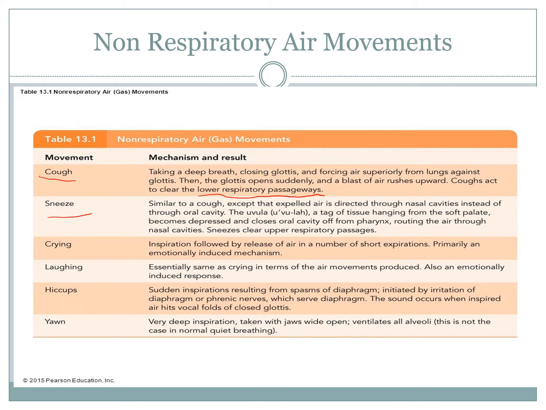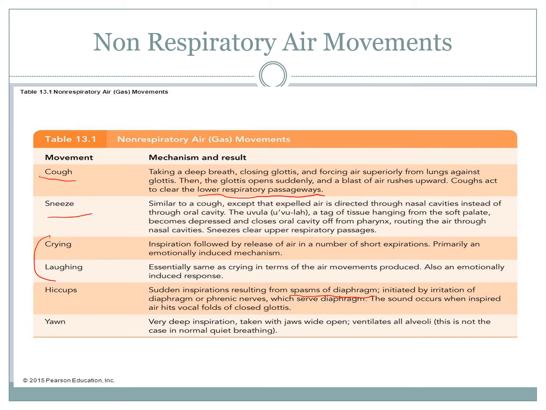Now, crying and laughing actually take over your breathing patterns, as do hiccups. Hiccups are controlled by diaphragmatic spasms, whereas laughing and crying will essentially make you take a whole bunch of short, sharp little breaths, which is not really normal breathing.